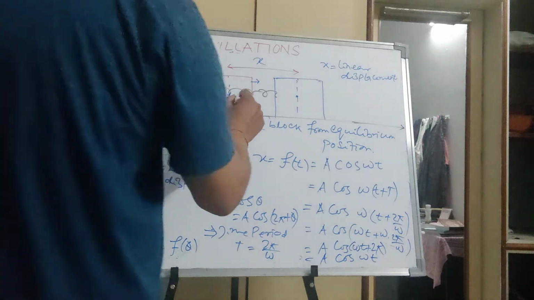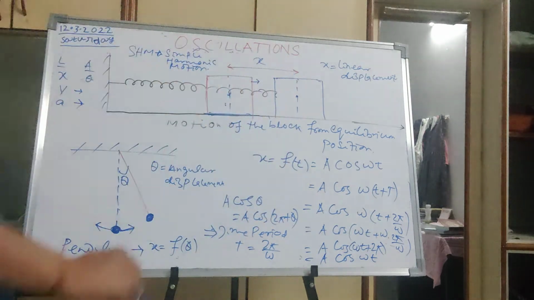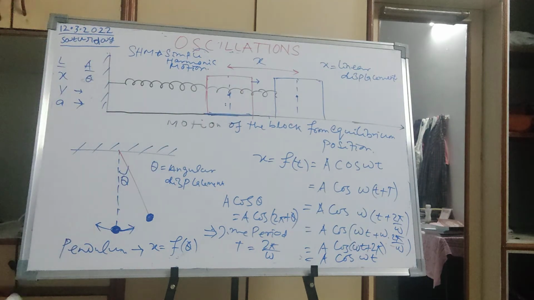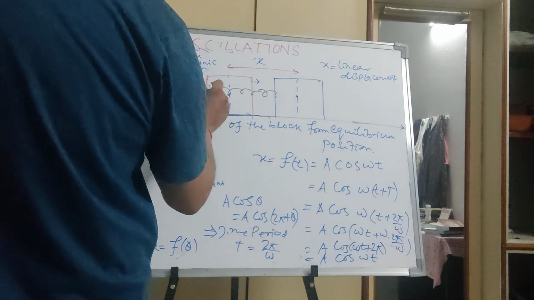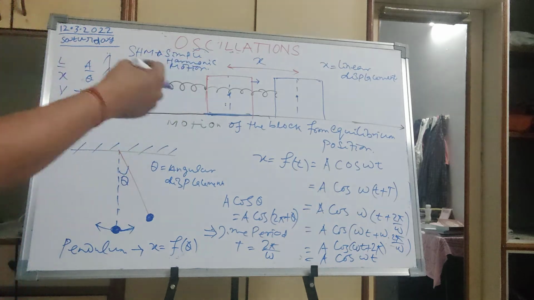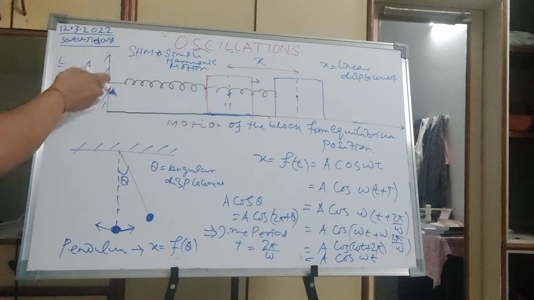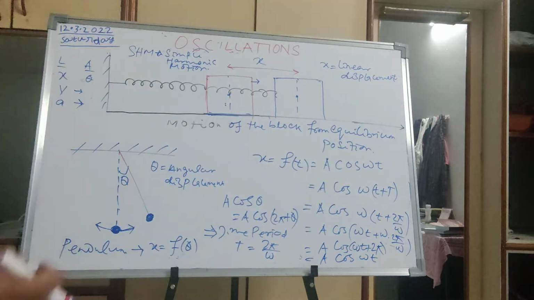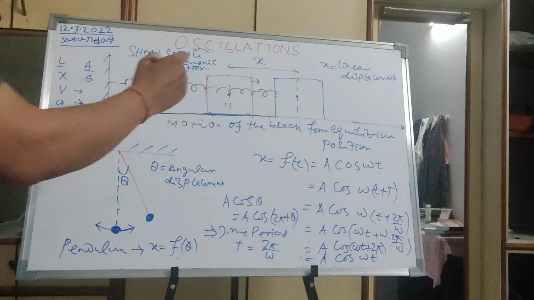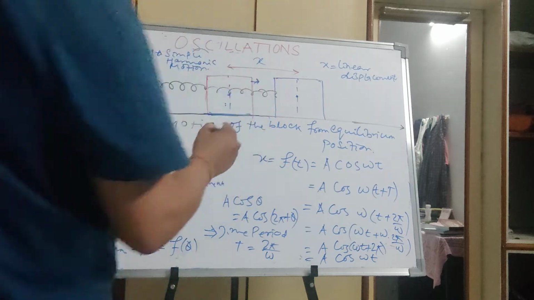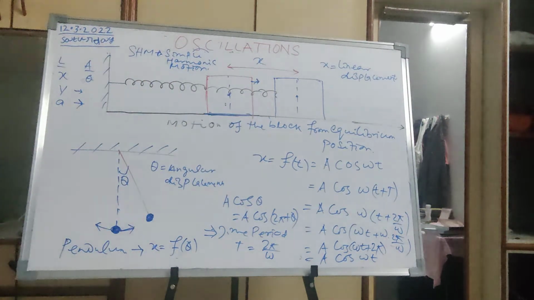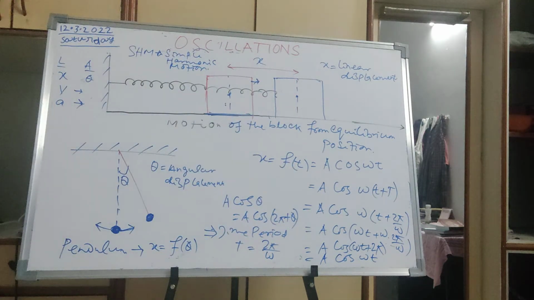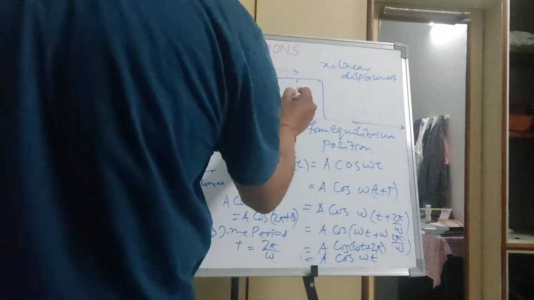Let us say initially the block is here. It is connected to the support by a spring. You have moved it in the rightward direction, from here to here.